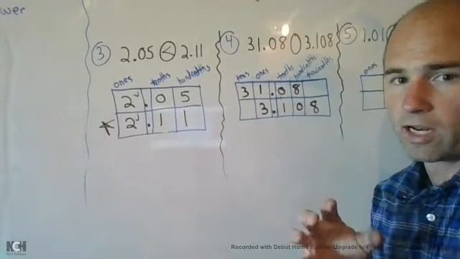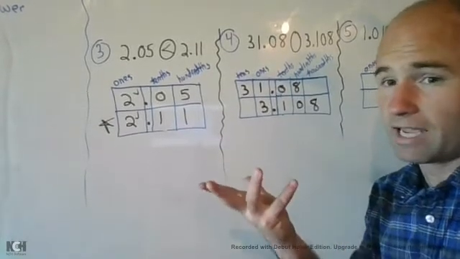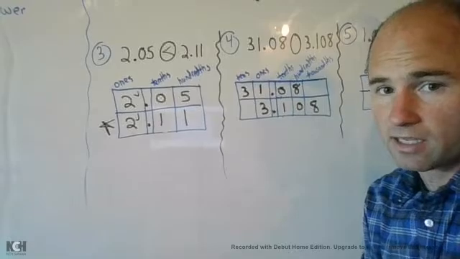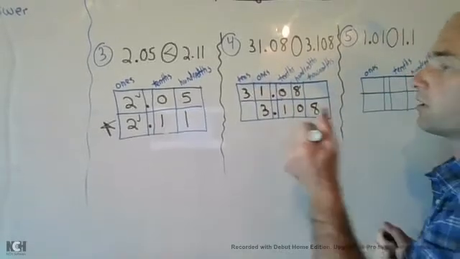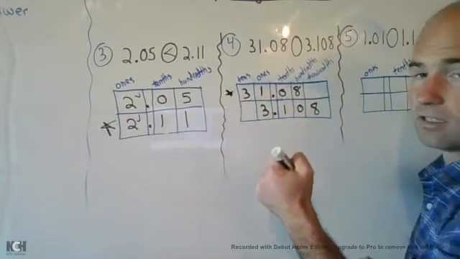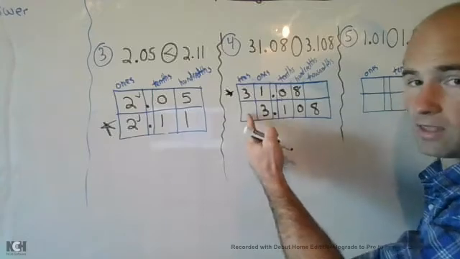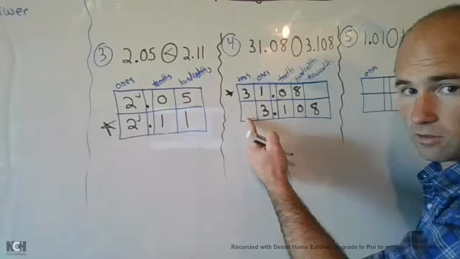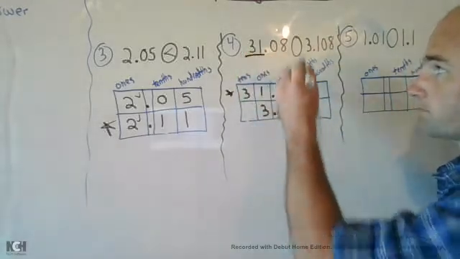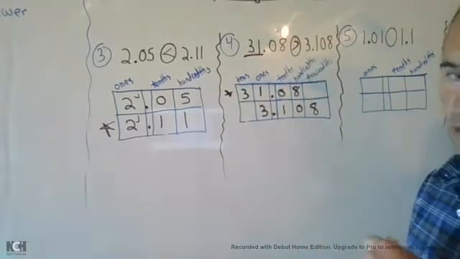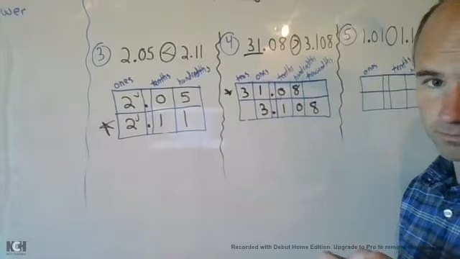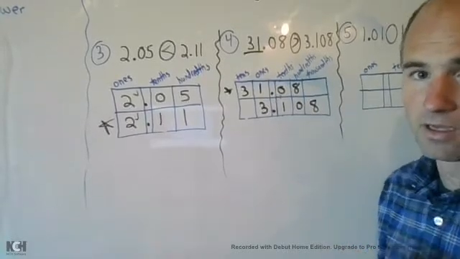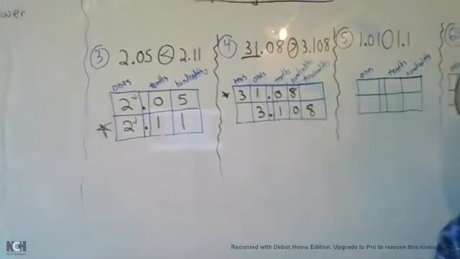All right, so when I wrote it on my place value chart, I didn't have to go too far to realize the first number was the larger number because there's 3 tens in it. There's nothing in this tens place. There's no tens. So therefore, the 31 is going to be larger than the 3. Easy peasy.